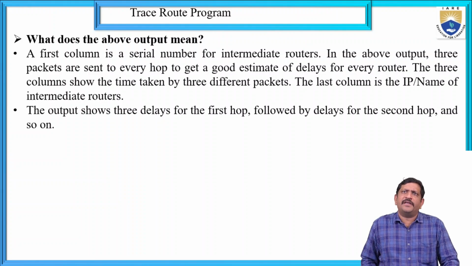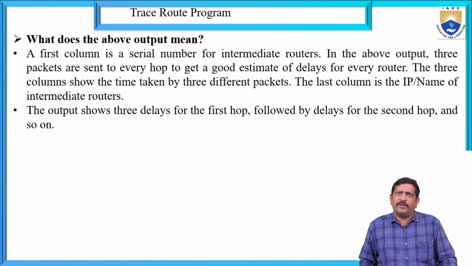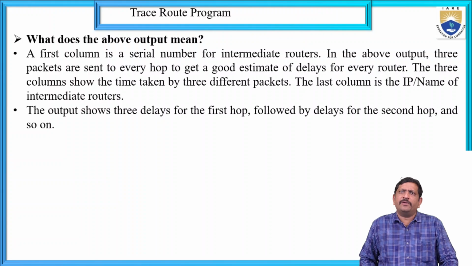The first column is a serial number for the intermediate router. Three packets are sent to every hop to get a good estimation of the delay for every router. The three columns show the time taken by the three different packets. The last column is the IP address or name of the intermediate router.